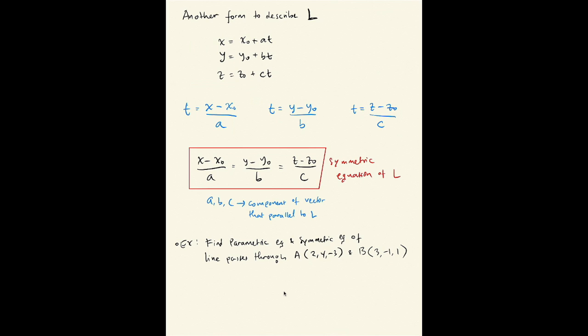Can you try to solve based on what you have already done? Let's go. So find the parametric and symmetric equations of a line that passes through point A 2, 4, minus 3 and point B 3, minus 1, 1. Try.